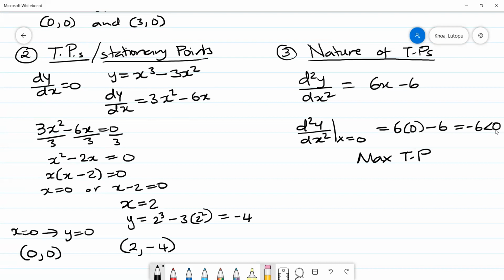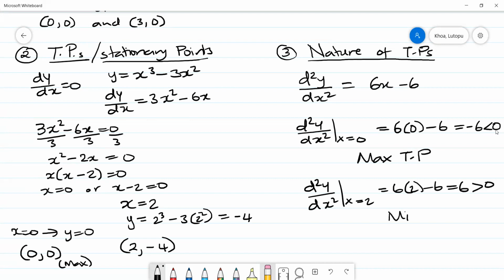So this one here is a maximum turning point. Then you do the same thing with the other critical point. When x is equal to 2, we have 6 times 2 minus 6, which is equal to 6. This is greater than 0. That means we have a minimum turning point.